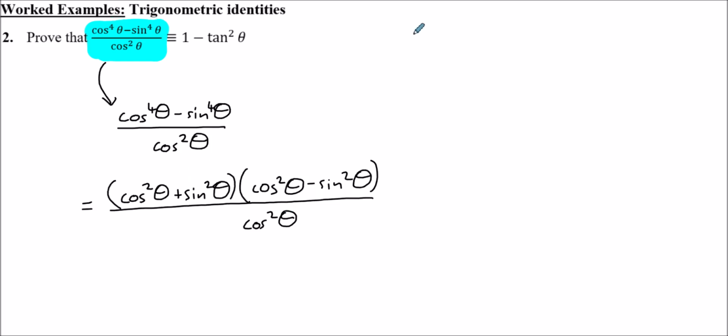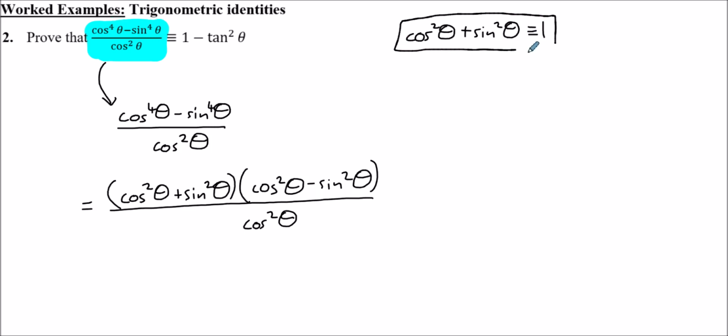Now what we saw from earlier is that cos squared theta plus sin squared theta is always going to be the same as 1. Okay, so the first bracket here is actually just going to be equal to 1, which makes it much simpler indeed.